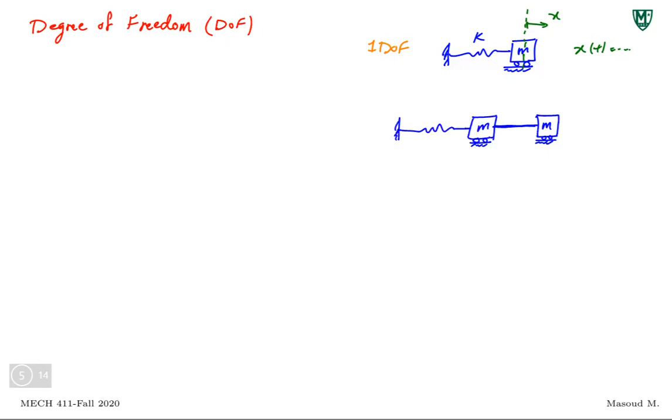The spring there, okay. How many variables do I need to fully describe this motion? What do I need to know? Do I need more than one independent variable, in this case x or whatever you want to call it, to describe the motion? Can someone answer this?